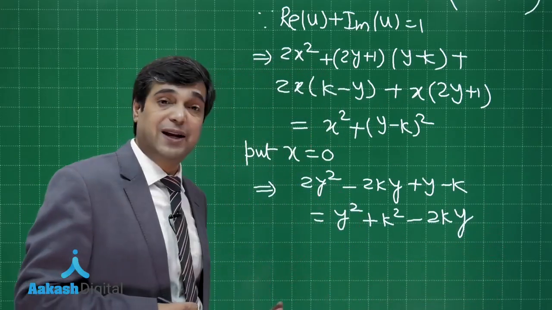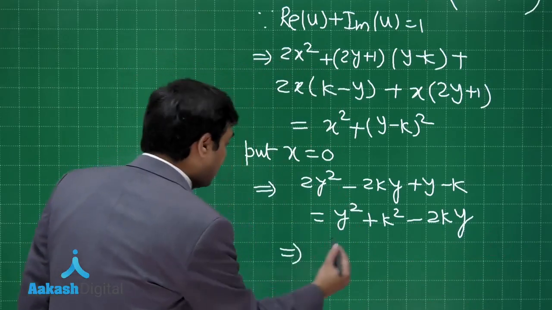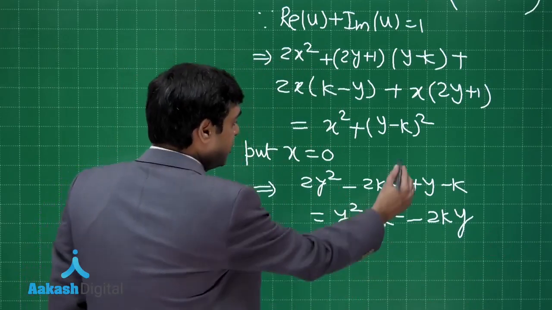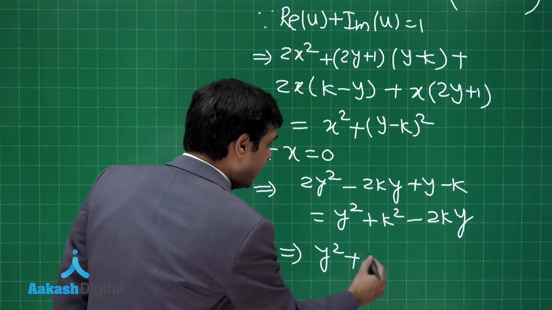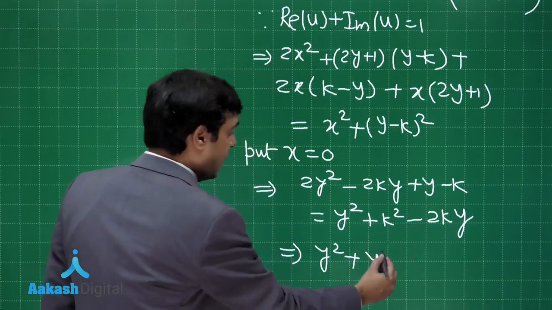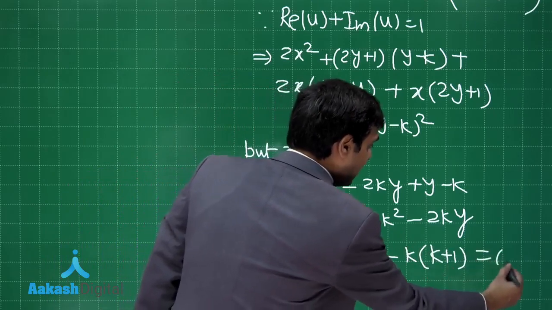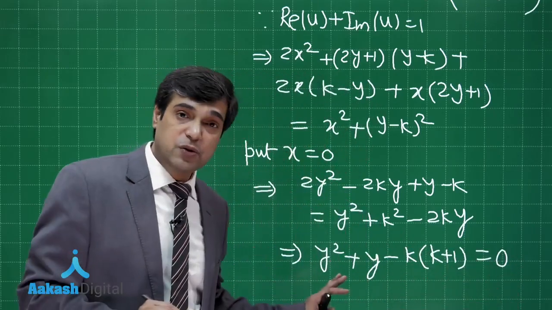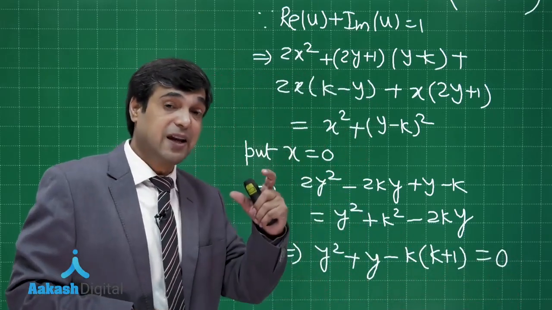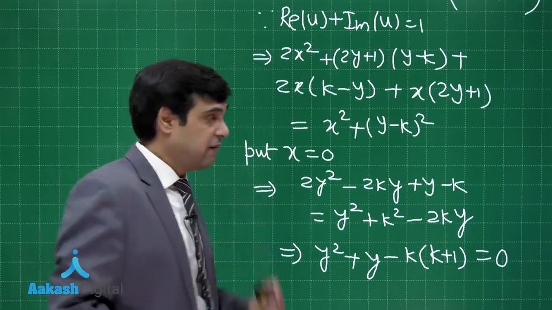So this is what we are getting. This implies that y square, 2ky will be cancelled, plus y, then we have minus k into (k plus 1) is equal to 0. It has two values, y1 and y2, so that we can say mod y1 minus y2 is 5.